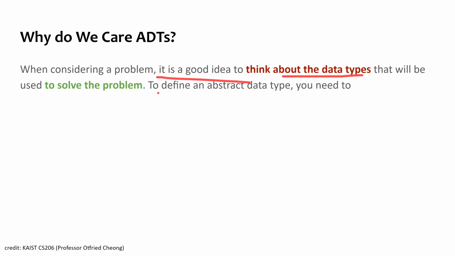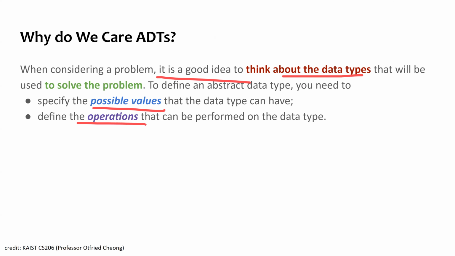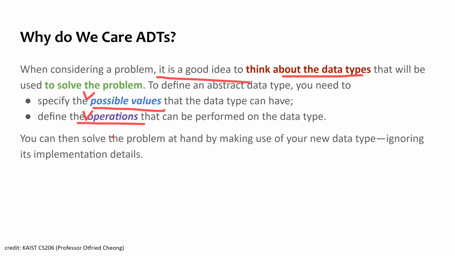And to define an abstract data type, you need to specify the possible values that the data type can have, and define the operations that can be performed on the data type. Here, you need to specify two things, operations and data. You can then solve the problem at hand by making use of your new data type.